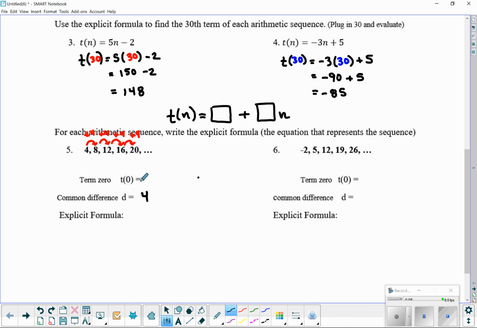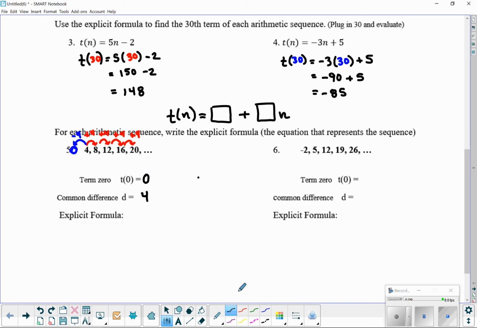Our first term, if we have a list or a table or a graph, we can totally count backwards. From 4 to the previous number, we're going to subtract 4. So that would mean that our previous number should be 0. So T of 0 is actually just 0.